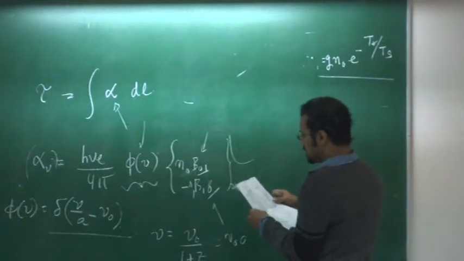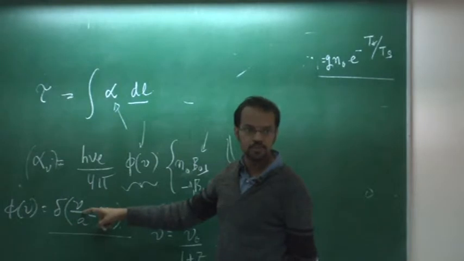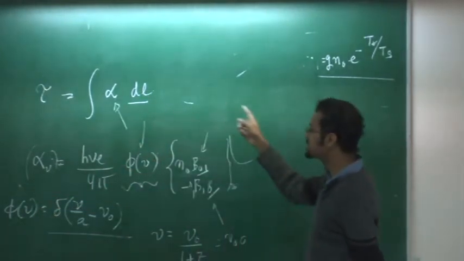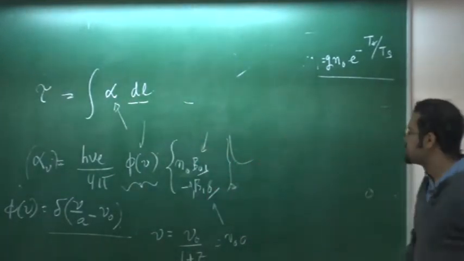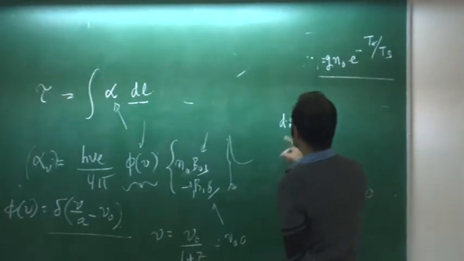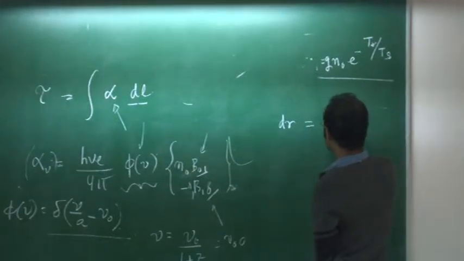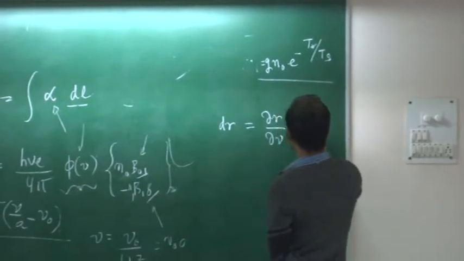you have to do this integral, and you have to convert this dl first into frequency units for integration. Because alpha is a function of nu, you can always convert this length into a frequency unit. How can you do that? Just by noting that dr, which is now the comoving radial distance, equals del r del nu d nu.